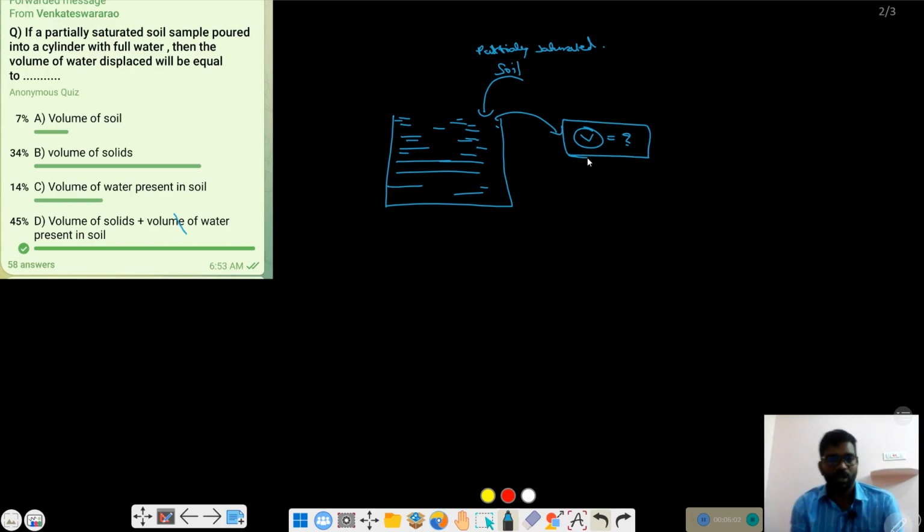Volume of soil होगा या वॉल्यूम ऑफ सॉलिड्स होता, या वॉल्यूम ऑफ सॉलिड्स प्लस वॉल्यूम ऑफ वाटर प्रेजेंट इन द सॉइल, और कंप्लीट टोटल वॉल्यूम ऑफ सॉइल किसको इक्वल होता है.